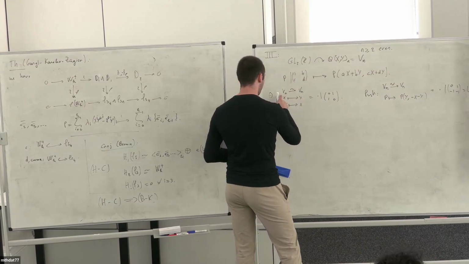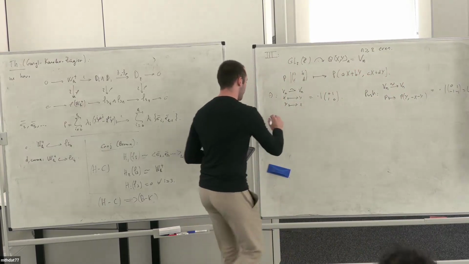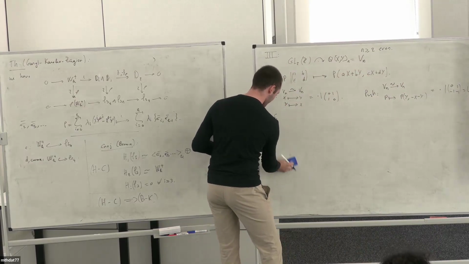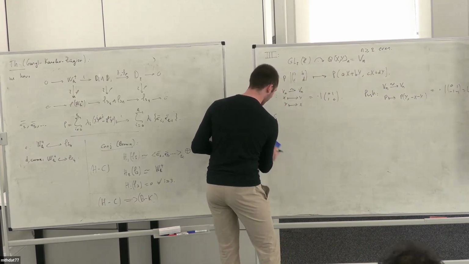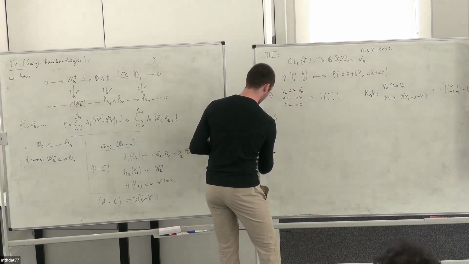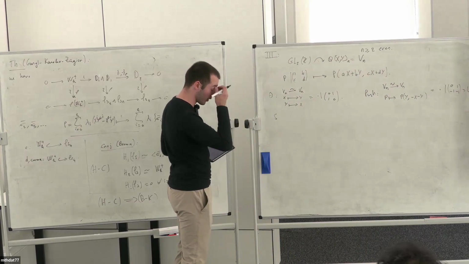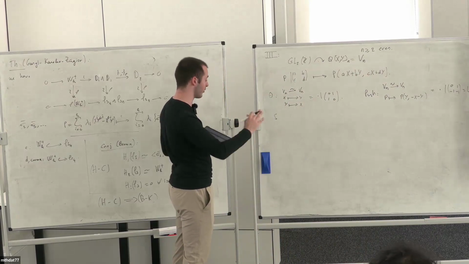And so in this section, I'm not going to speak about the space of cusp forms. I'm only going to speak about the space of period polynomials of cusp forms.